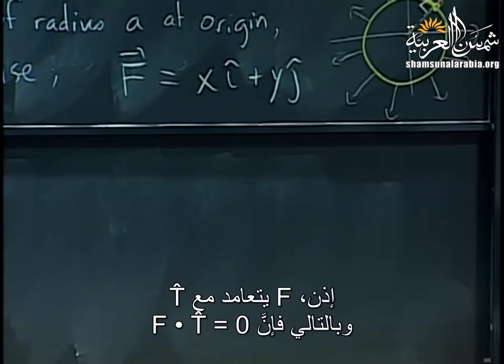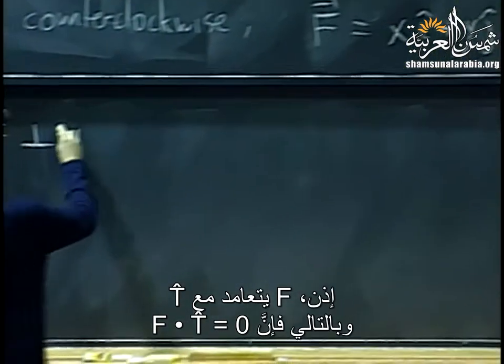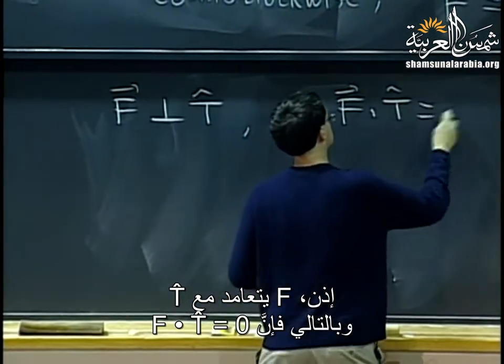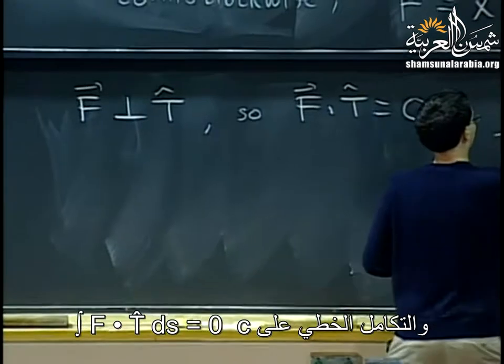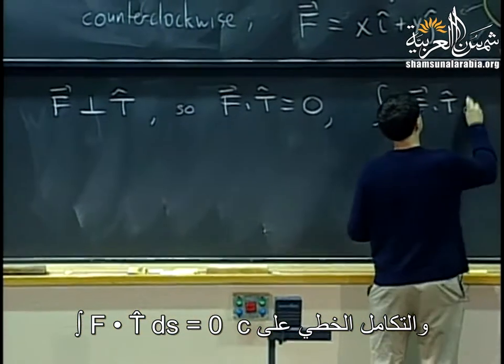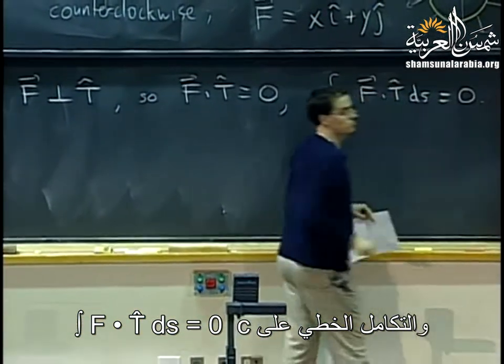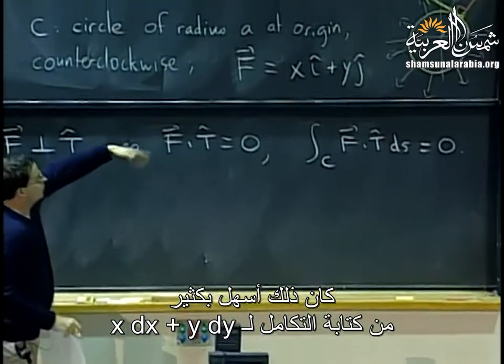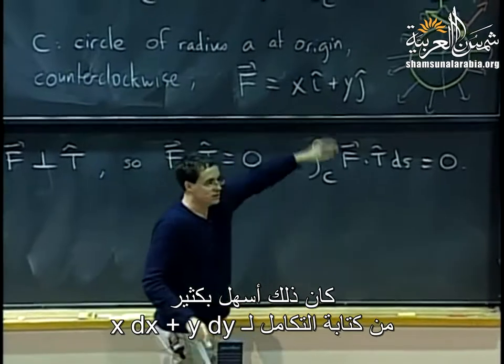So F is perpendicular to T, so F dot T is 0, and the line integral of F dot T ds is just 0.